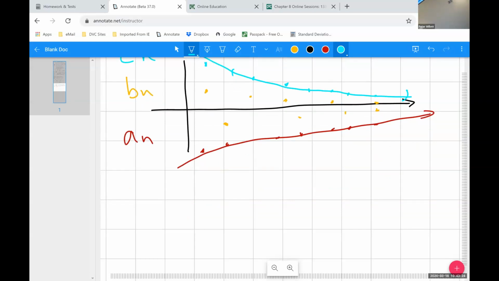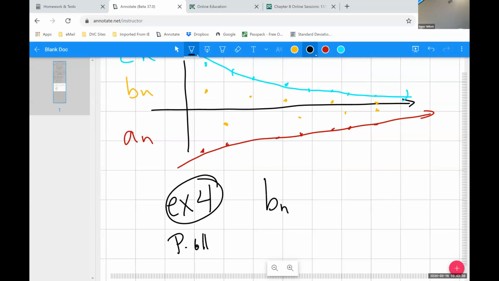And so if we take a quick look at how they apply this, we'd look at example 4 on page 611. So they ask us to consider a sequence b sub n given by the formula where you have cosine of n divided by n squared plus 1.